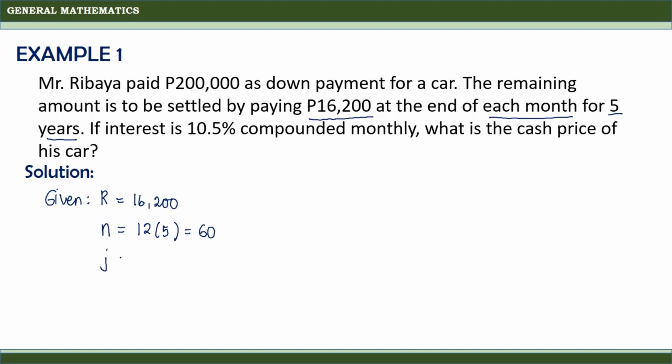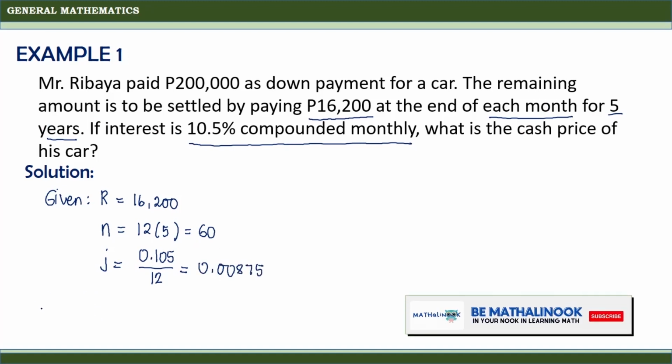Moreover, J is equal to 0.105 divided by 12. Because according to the problem, the interest is 10.5% compounded monthly. So this is equal to 0.00875.